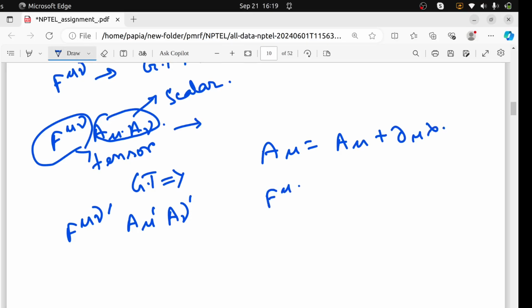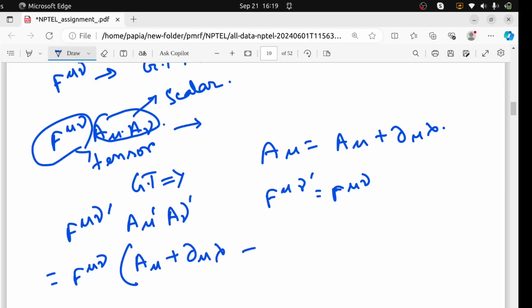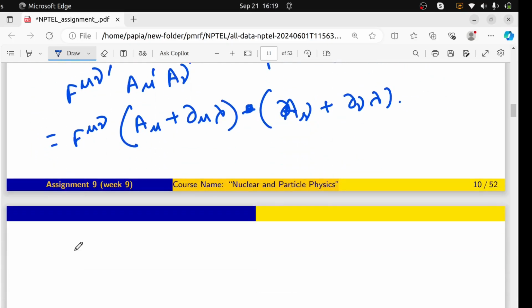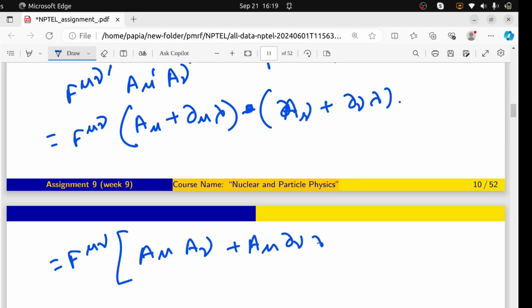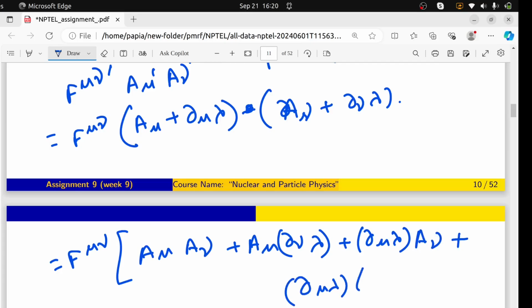And also we have checked that F_μν prime is equal to F_μν. So for this case, we will just write here F_μν and then A_μ prime. A_μ prime means A_μ plus ∂_μ λ, into A_ν plus ∂_ν λ, right? So now F_μν, then A_μ plus ∂_μ λ, A_ν plus ∂_ν λ.